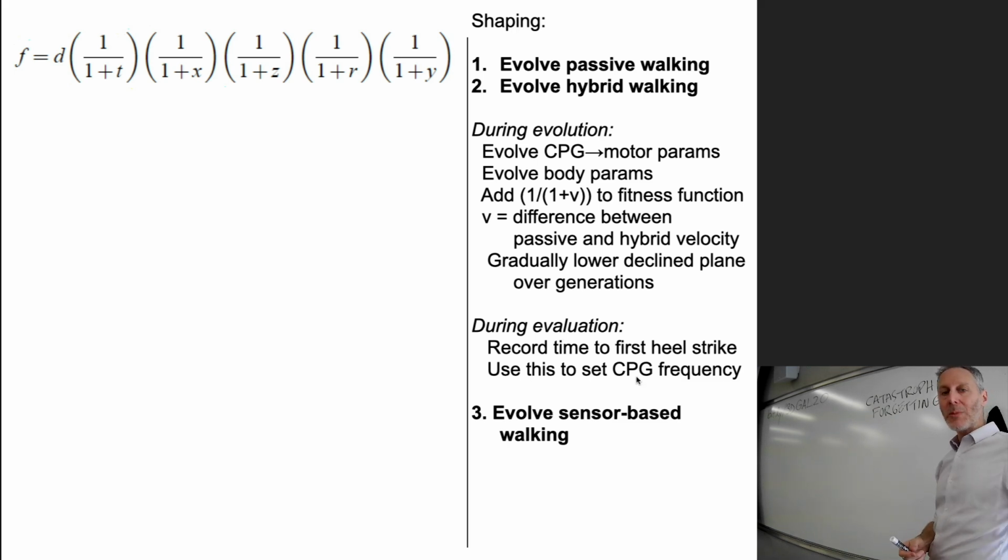So now we have a robot that's still quite energy efficient because it's walking similarly to how it walks down the declined plane, but it's a little bit more robust. This machine can walk down declined planes or flat ground.